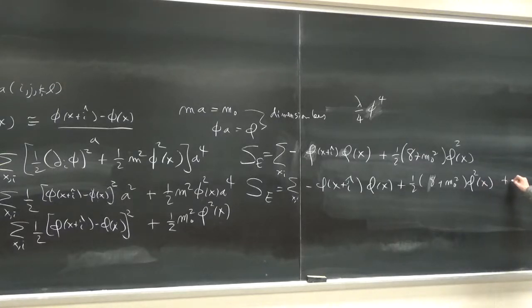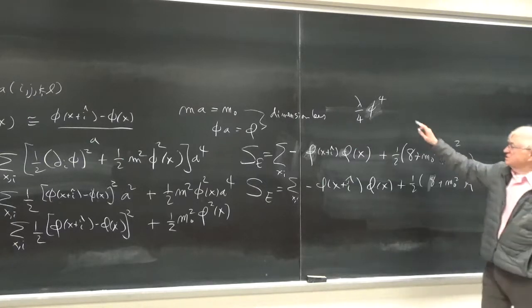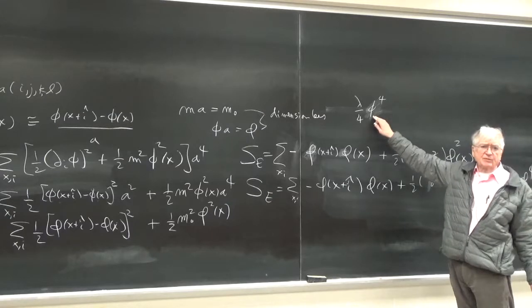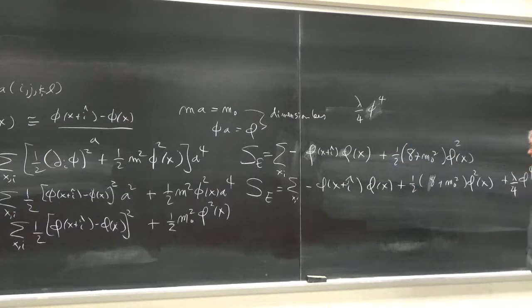And then this would be plus lambda over 4 phi to the 4th, because a to the 4th times phi to the 4th would give us the dimensionless one. So that's basically how one sets up a scalar field on a lattice.